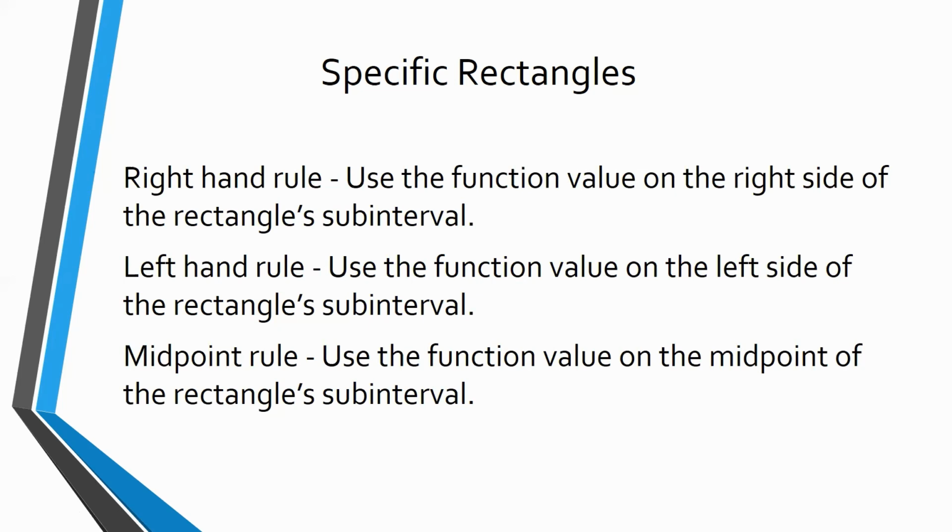I look at each subinterval, and instead of using the right-hand or the left-hand value, I use the midpoint of the subinterval. These are the 3 common ones. Obviously, you could create your own rule if you wanted to, but these are the common ones. Either a right-hand rule, a left-hand rule, or a midpoint rule. And that just tells me which function value we're plugging in.